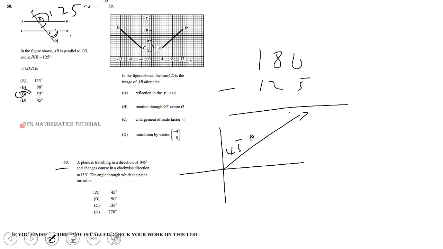Then changing course clockwise in the direction of 135 degrees. So this is also 45, because 45 plus 90 will give you 135. So the angle through which the plane turns is 90 degrees.